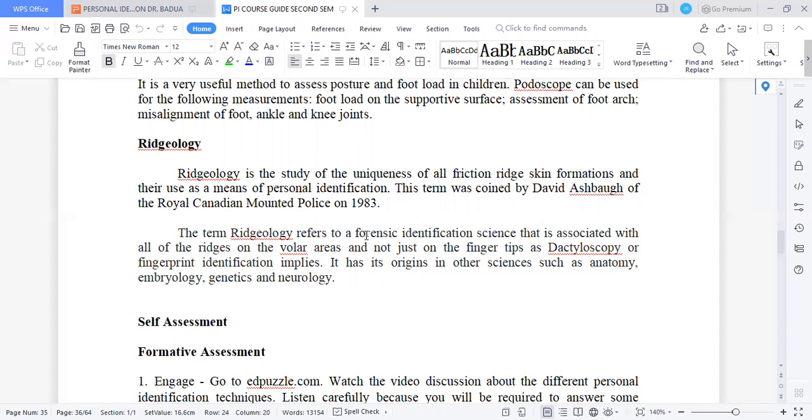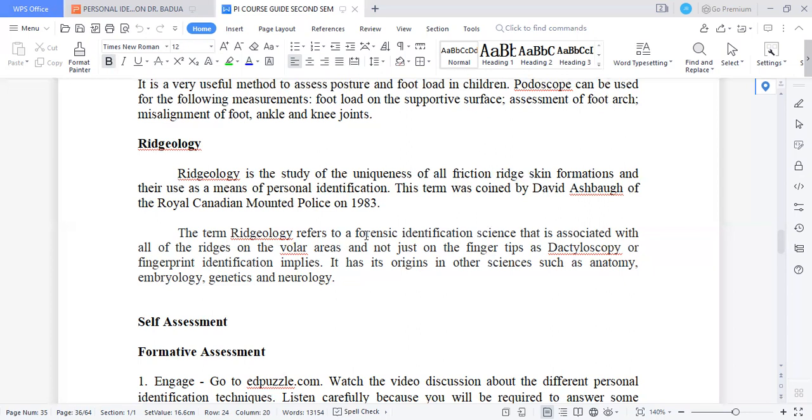So in radiology, we have what we call the use of the ACE-V methodology. A stands for analysis, C for comparison, of which they are going to compare the two fingerprints, the standard and the specimen. Then E for evaluation, which they make based on the comparison, and then letter V is what we call verification.